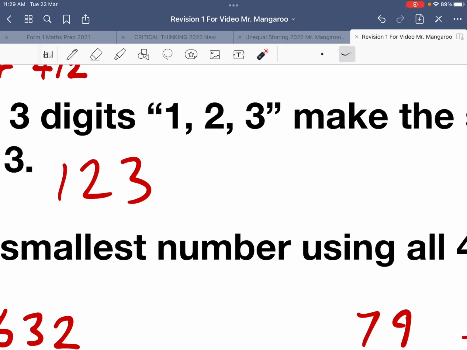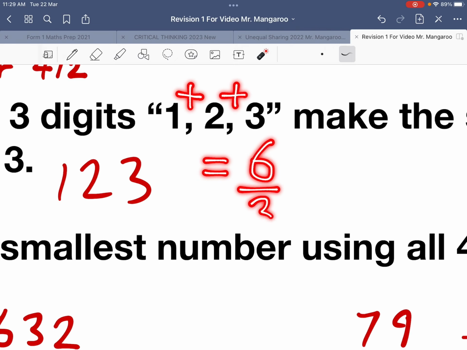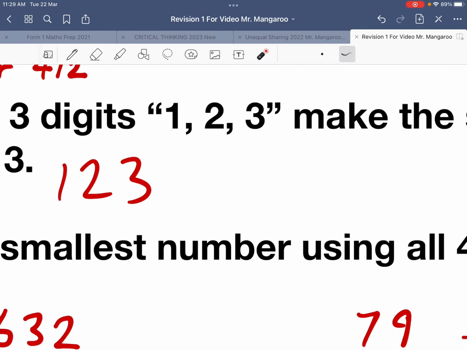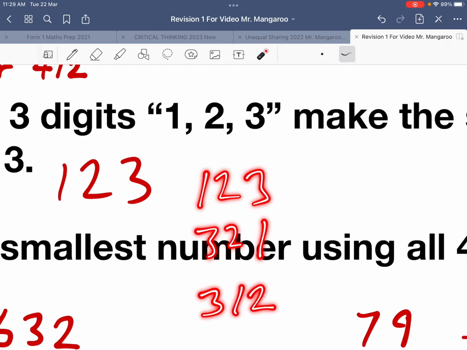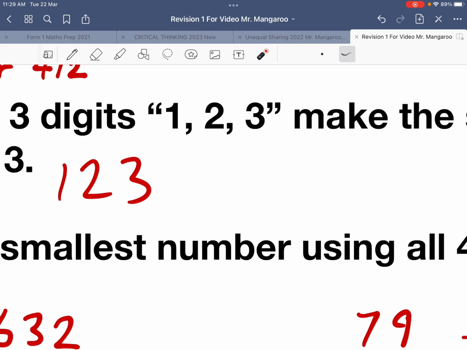One of the rules with divisibility is if we add each digit, in this case we get 6, and we divide it by 3, then it means that the number is divisible by 3. So in this case, if we put a number 1, 2, 3, or 3, 2, 1, or 3, 1, 2, we will always get a number that is divisible by 3.